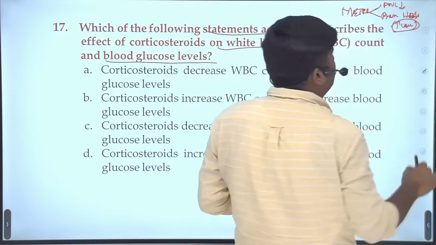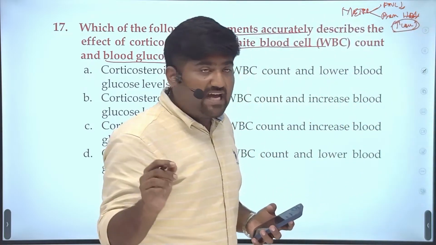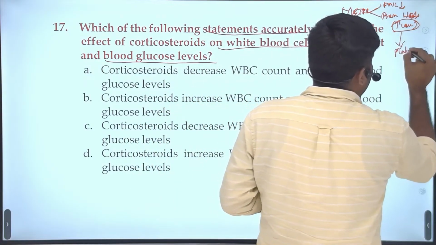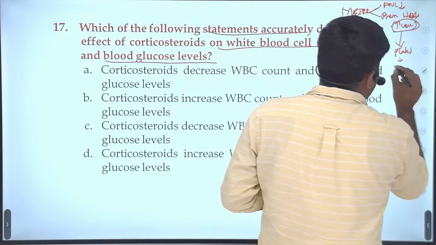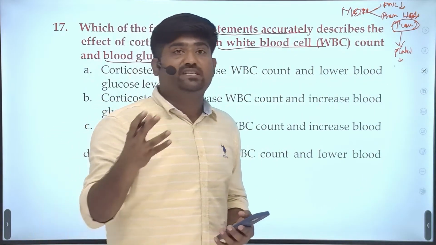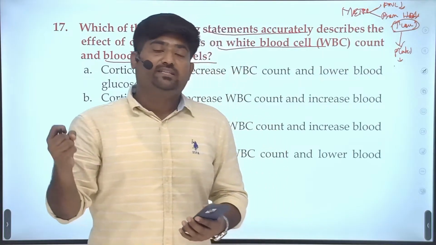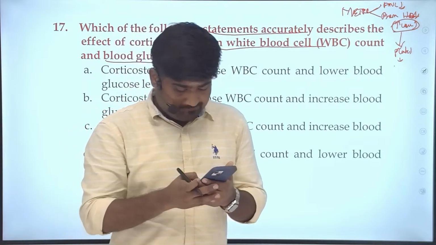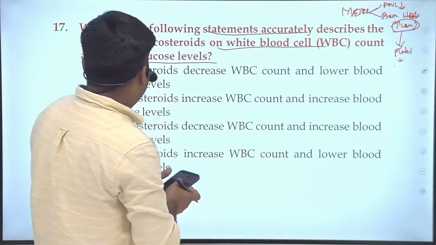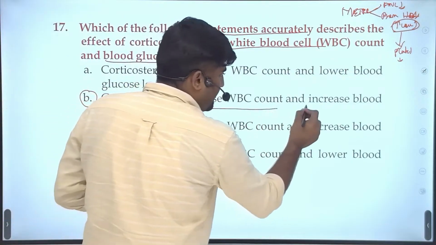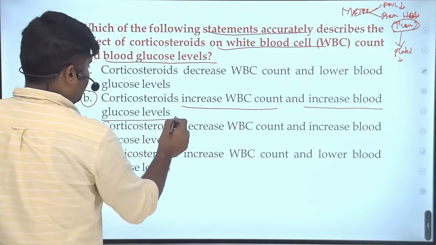There will be decreased platelets too, so you can see petechiae, purpura, everything. There will be decreased urine output also, and urine discoloration can be seen. Come on, tell me: corticosteroids will increase WBC count and increase blood glucose level.